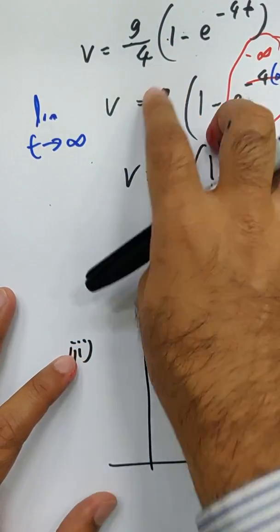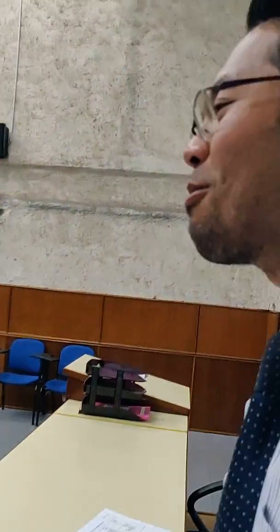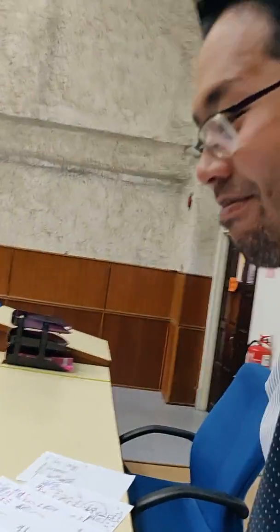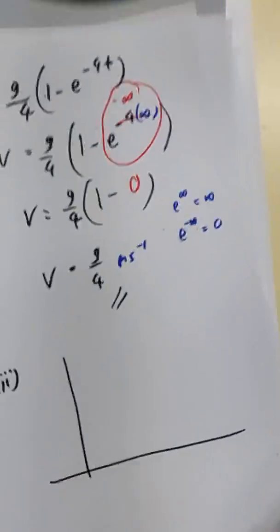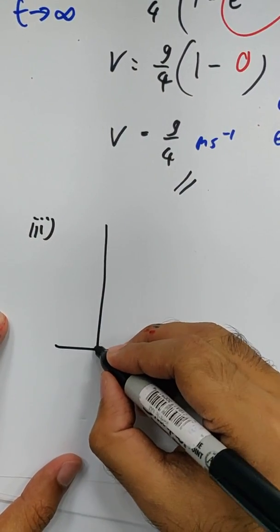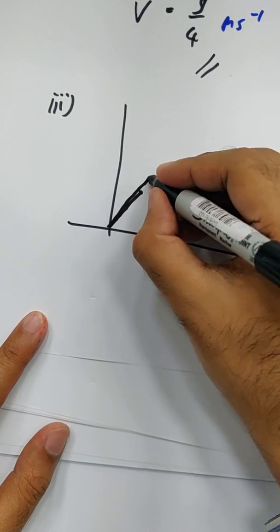So you start from rest, and the speed increases. It increases until it meets a lot of air resistance.